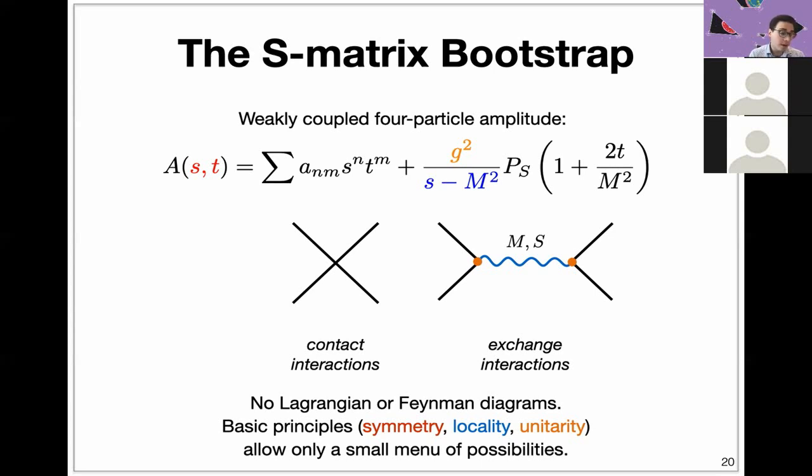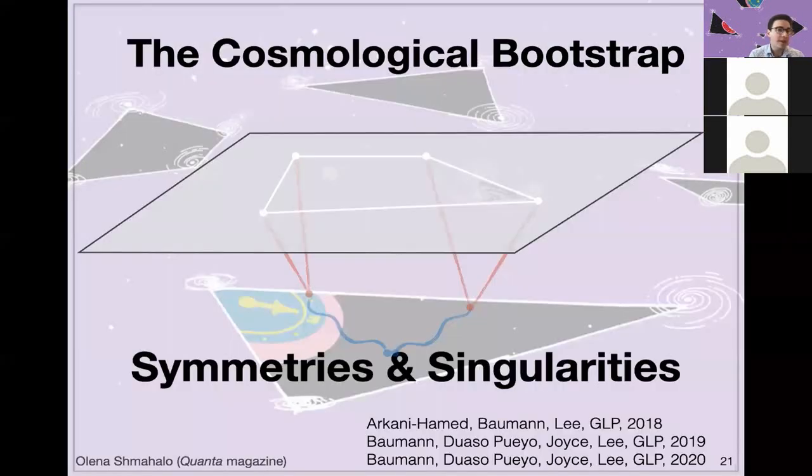So we want to run a similar program in cosmology. That's what the Cosmological Bootstrap is trying to do. And I'll show you the successes we've had so far. So in particular, this example that I just gave you, this case study of the flat space S matrix for 2-to-2 scattering, is very much analogous to the 4-point diagram that I just showed you.